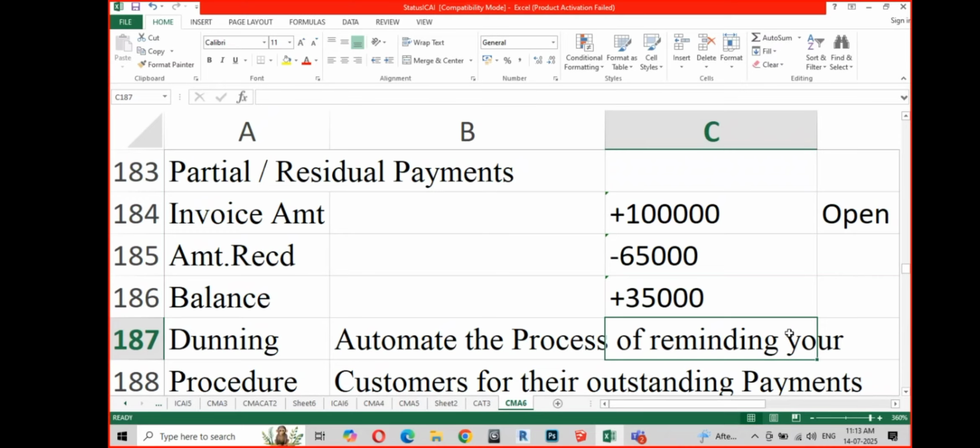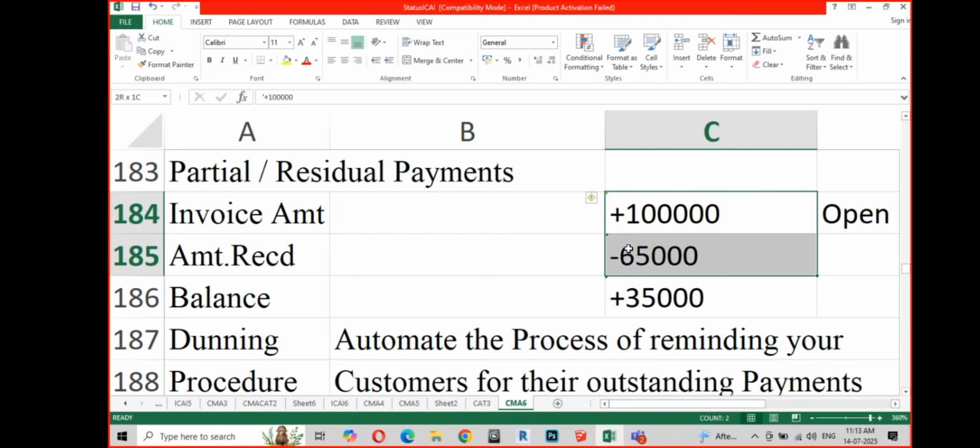The system won't keep track of both of these. Clear? When you follow the residual methodology of receiving this part payment. Clear? Typical life scenario.